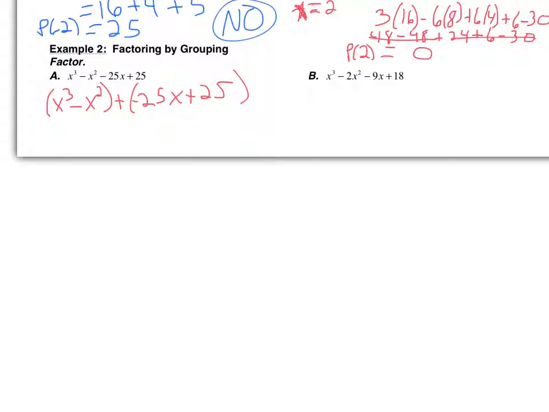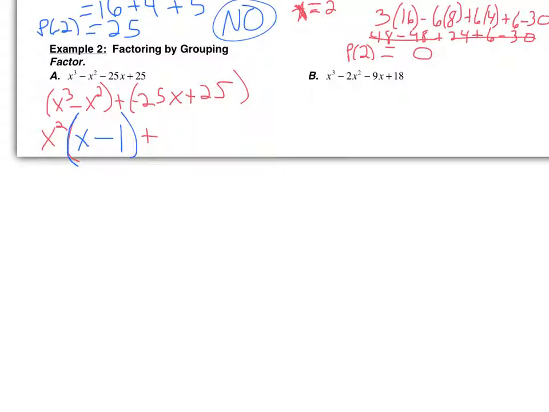Because minus 25 is really plus a negative, so I'm just going to add those two things together. And between x cubed and x squared, I know that there's an x squared in common. If I take out x squared from x cubed, I have an x, minus x squared from x squared is 1.